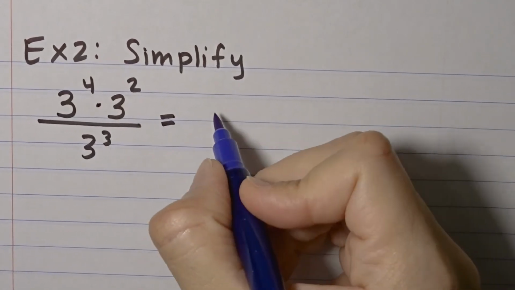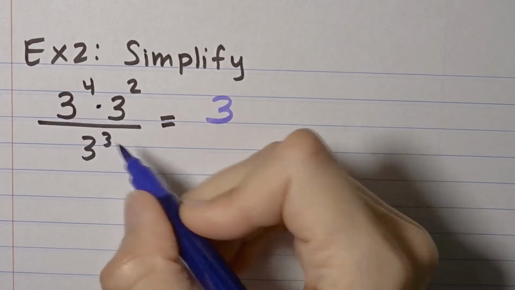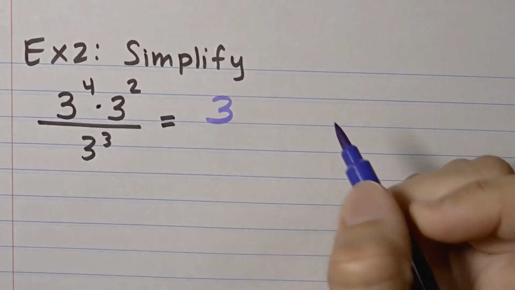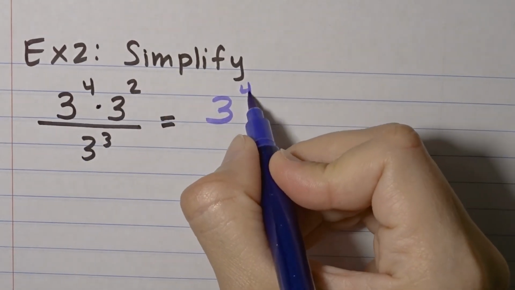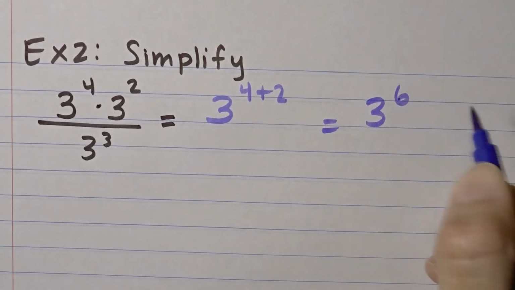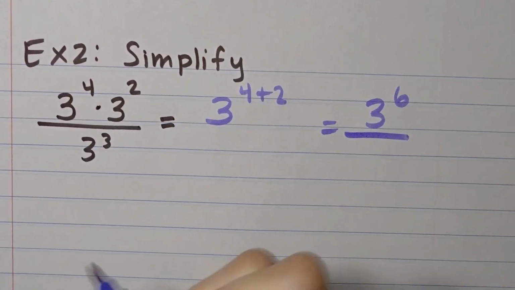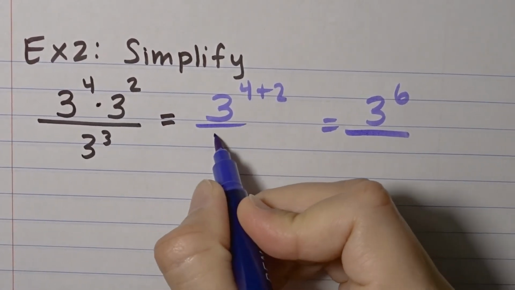Product of powers means you keep the same base, but if I have 4 multiplied here and 2 more 3's multiplied here, now I have a total of 4 plus 2, which leads me to 3 to the 6th power. That's for my numerator. And then in my denominator, I'm still going to have that 3 to the third.